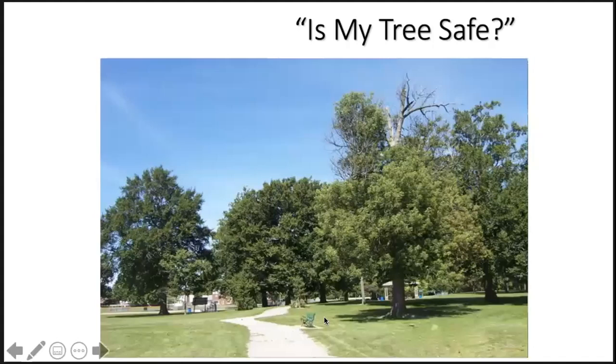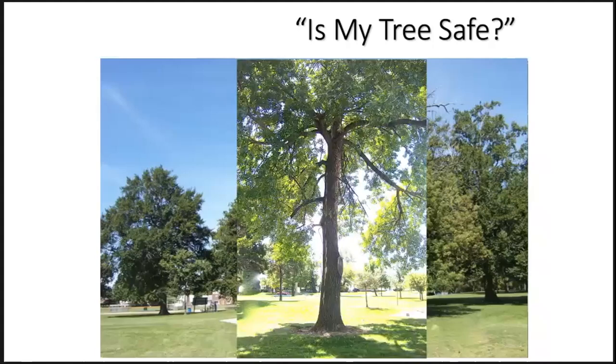And what this community park is saying is, hey, we want you sitting here, and hey, we want you walking here. So it's incumbent upon the tree manager or the park manager to assess trees on a regular basis to determine if there's any type of mitigation or any type of work that needs to be done to make that tree less risky.